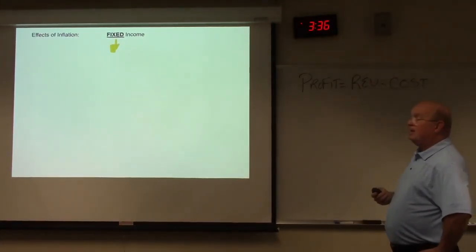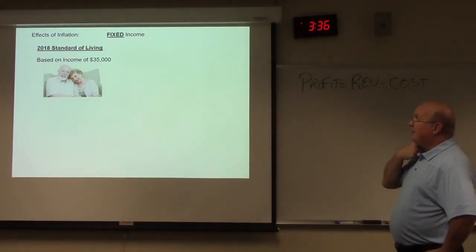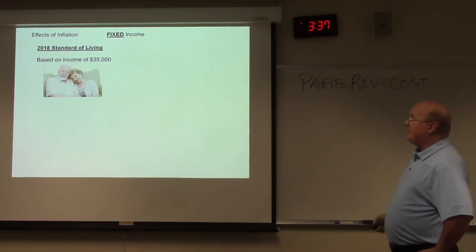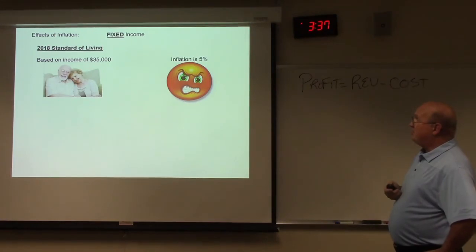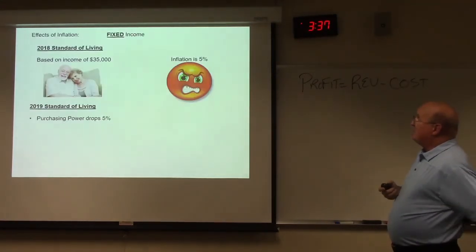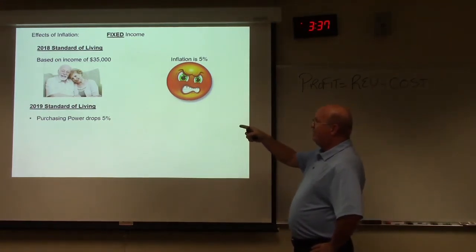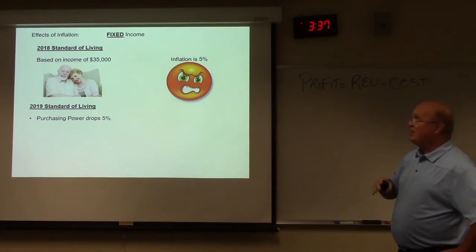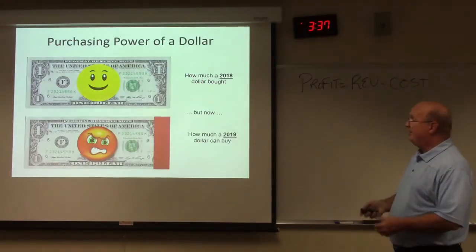All right, last part. Effects of inflation are very felt on people on fixed income. Let's say this couple's getting $35,000 in 2018. That's their standard of living. Inflation is 5%. All of a sudden, their 2019 standard of living drops by 5%. You know, like here's your Social Security check.